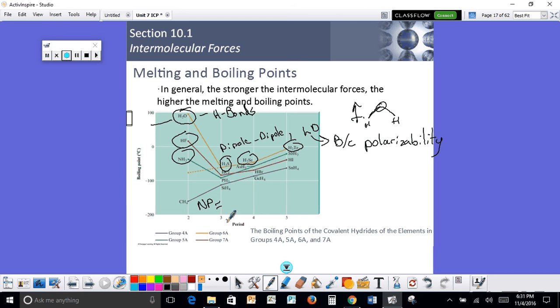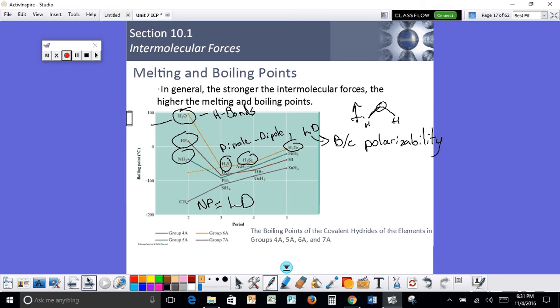And what type of IMF did we say occurs in non-polar? These are all solely dependent on London dispersion. So we're dependent on this temporary dipole or instantaneous dipole due to its polarizability. I can't say that word.